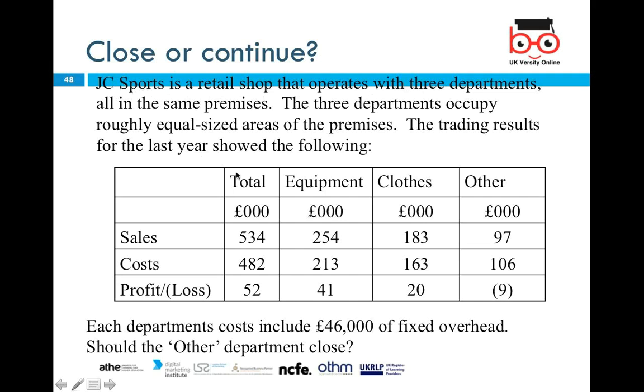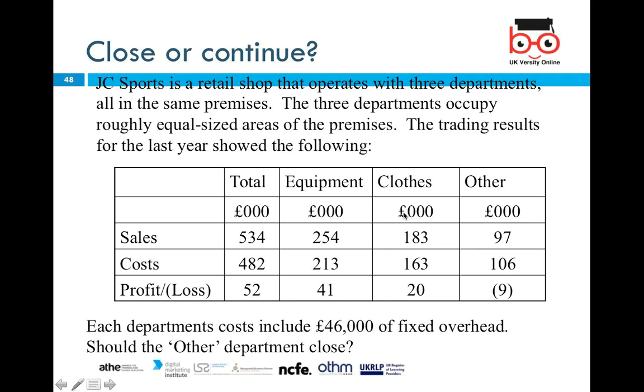A sports company is a retail shop company that operates with 3 departments: equipment, clothes, and others. These are the 3 departments, all in the same premises, occupying regular equal-size areas. The trading results for the last year showed the sales of the 3 departments, the costs of the 3 departments, and the profit and loss of the 3 departments.